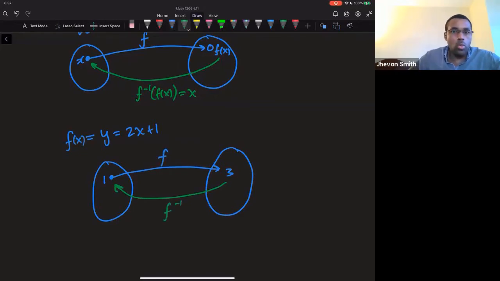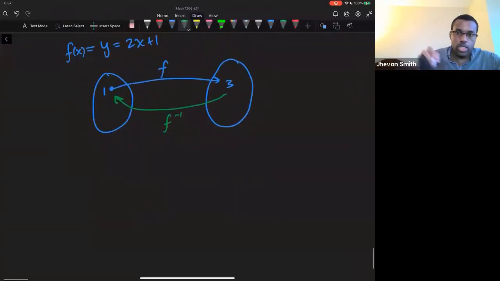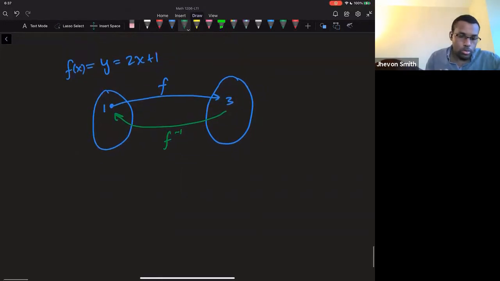It wouldn't be 1 over, because 1 over would just give you a third. So it's not that. You have to find the function that takes your output as input.